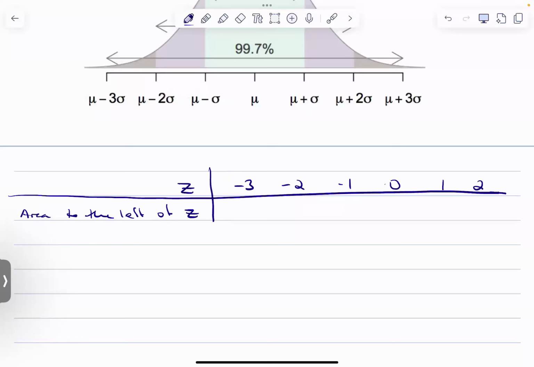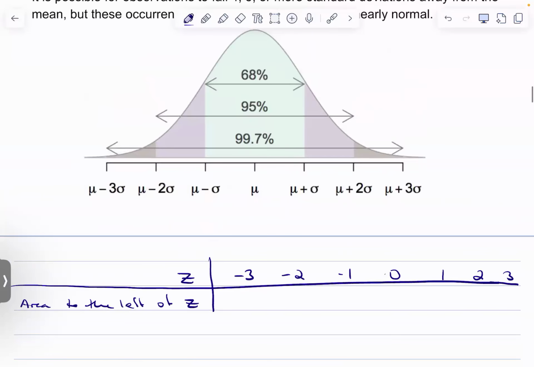And 3. How can we do that? If my Z is -3, right? That puts me down here. If I also know that the area between -3 and 3 must be roughly 0.997, right? This area, let's start down here.